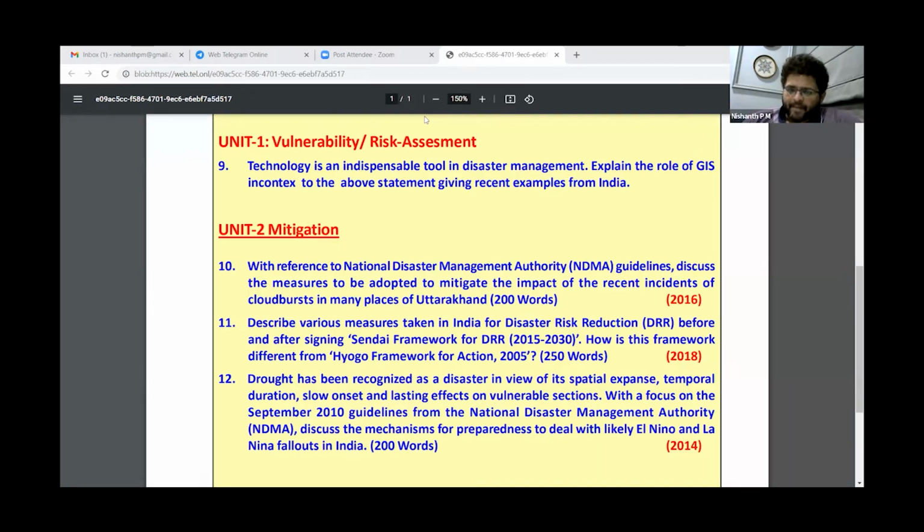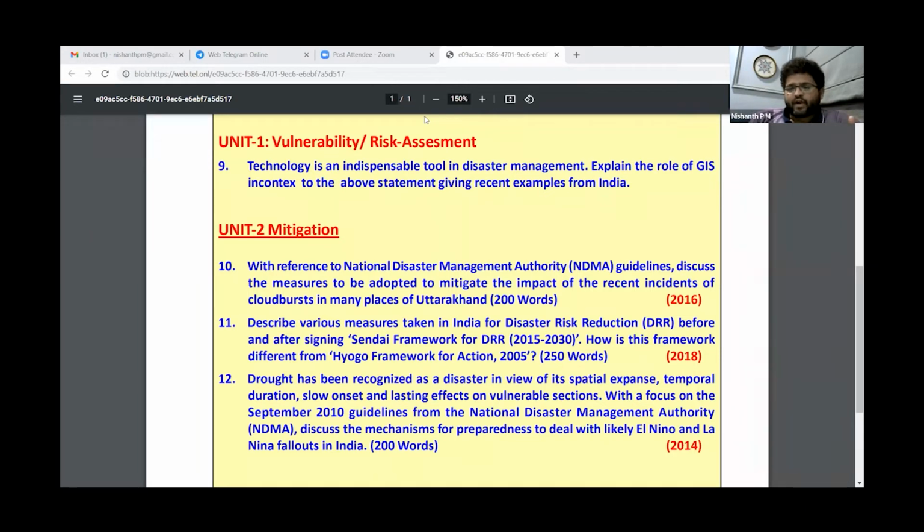So when a cloudburst happens, there is widespread destruction and devastation, and that will be much more so when that particular area is prone to these disasters, especially if it is in a mountainous area like Uttarakhand. Basically, the NDMA guidelines are divided into the structural aspects of mitigating the impact and the non-structural aspects.